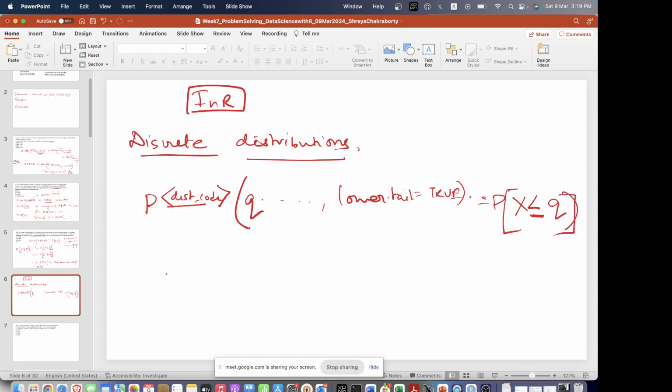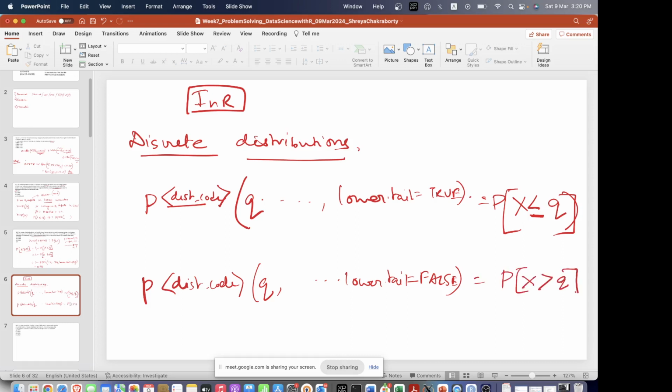But if we give p, the distribution code, q, and if we say lower tail equal to false, then we get P(X greater than q). Strictly greater than q, which is X greater than or equal to q plus 1.